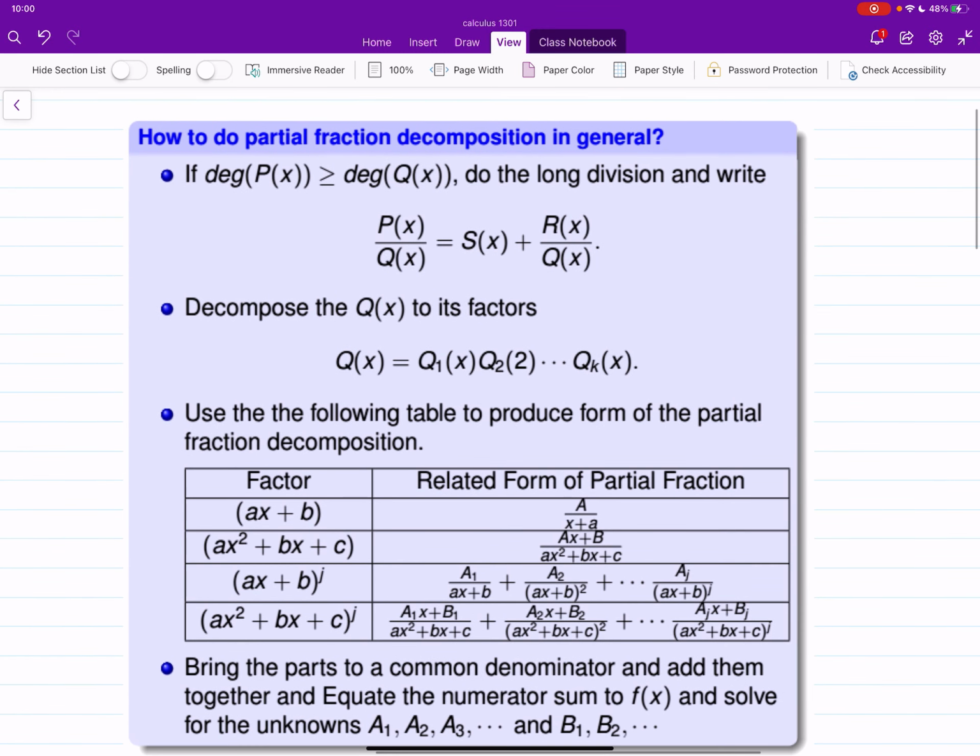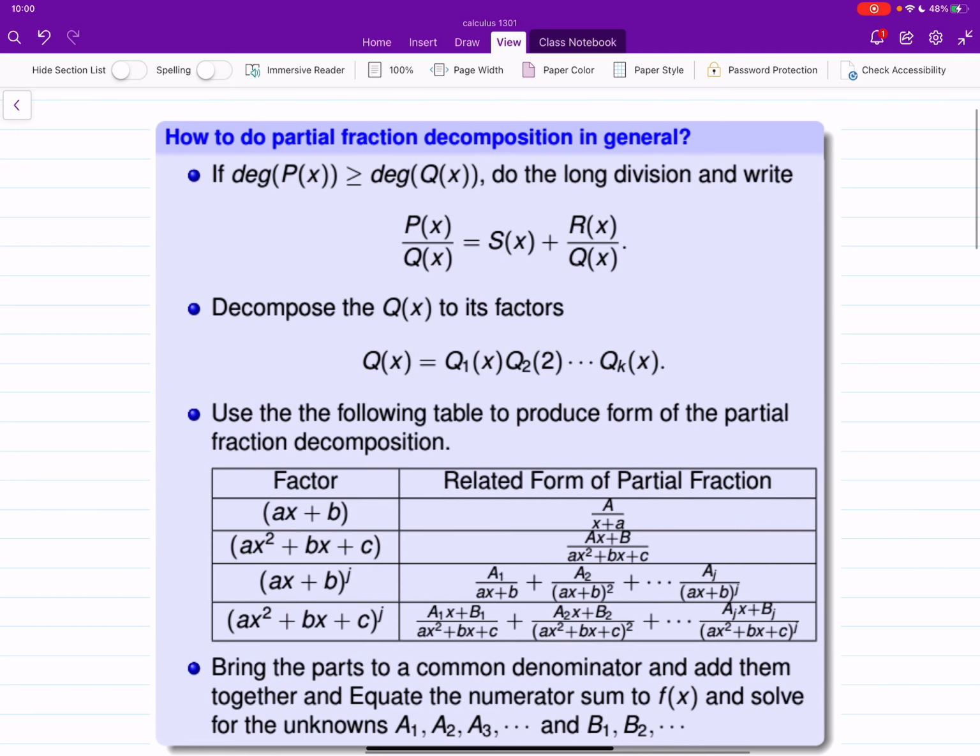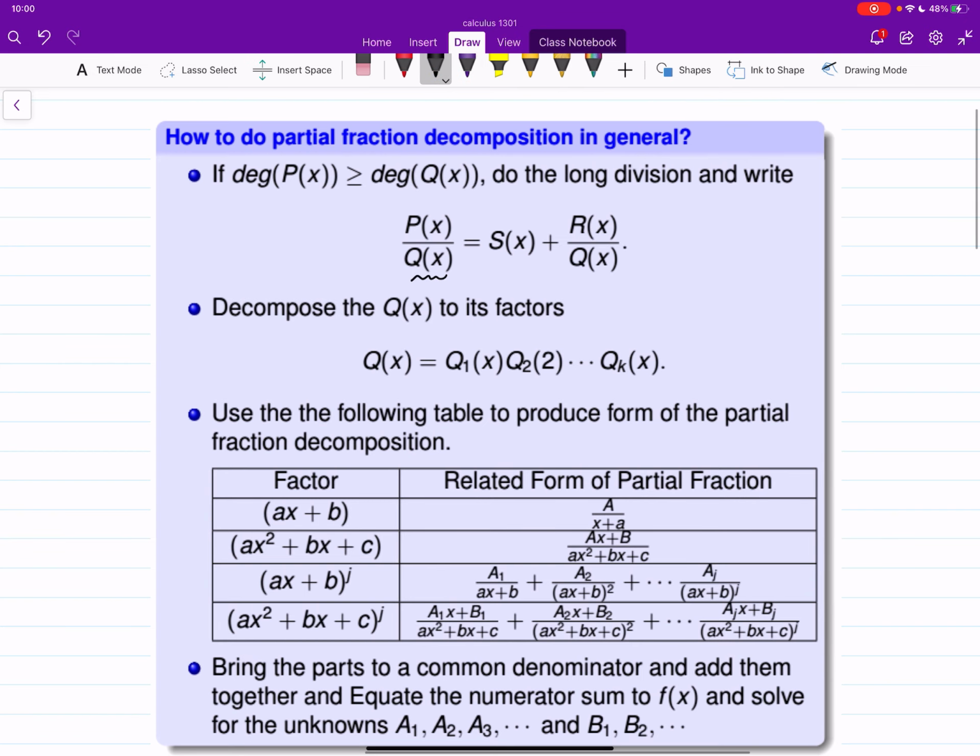So when you're trying to find a partial fraction decomposition, first make sure that the degree of the numerator is less than the degree of the denominator. Otherwise, you should use long division, and through that you turn your rational function into a polynomial and another rational function whose numerator degree is less than the denominator degree.